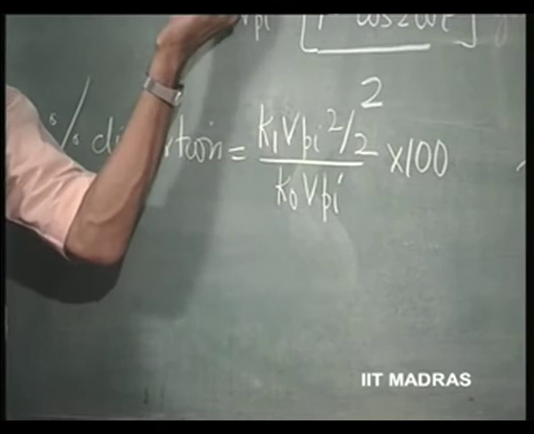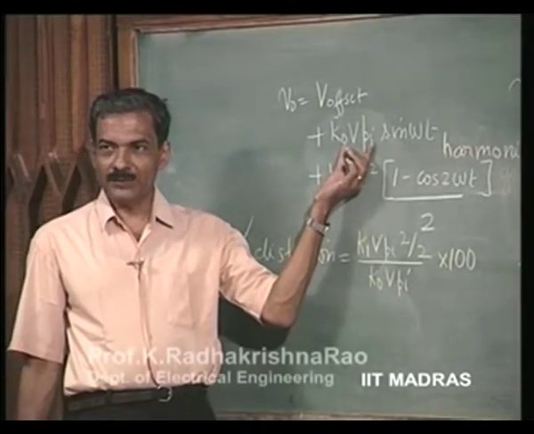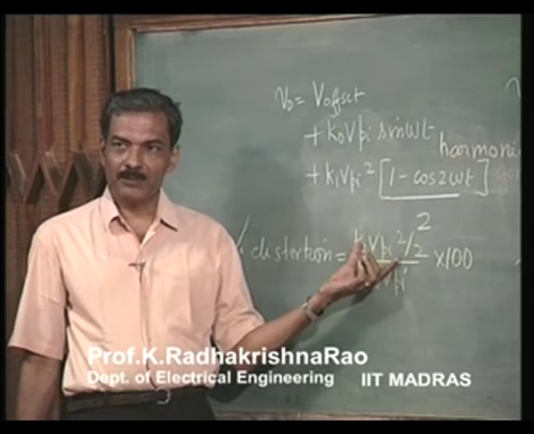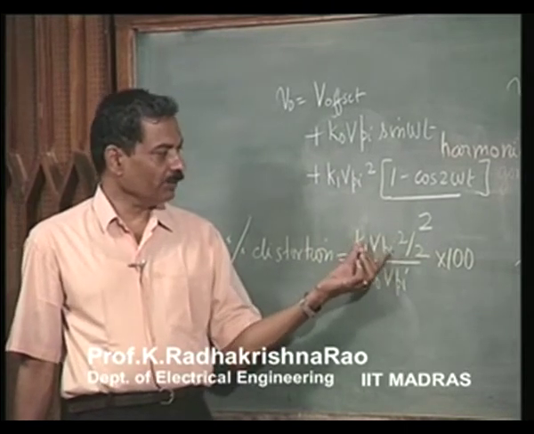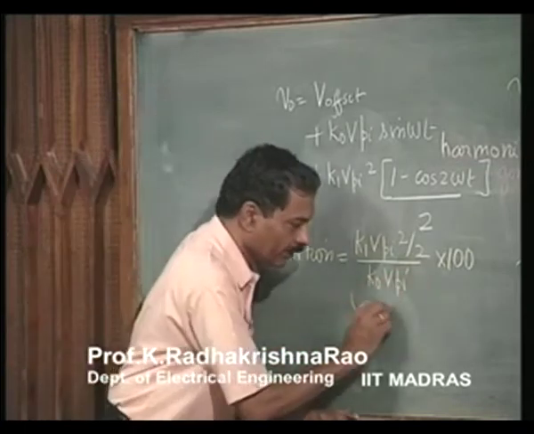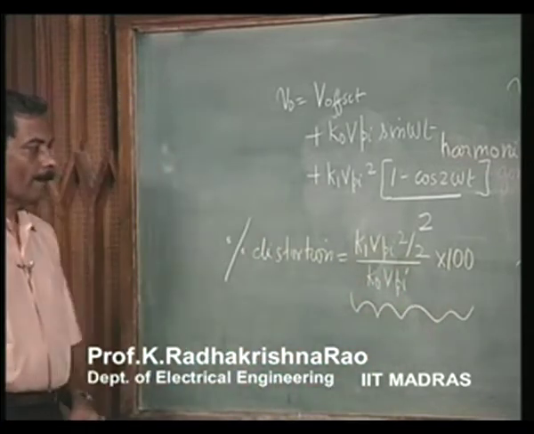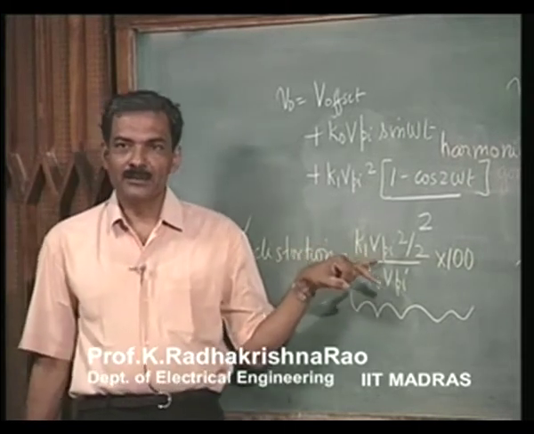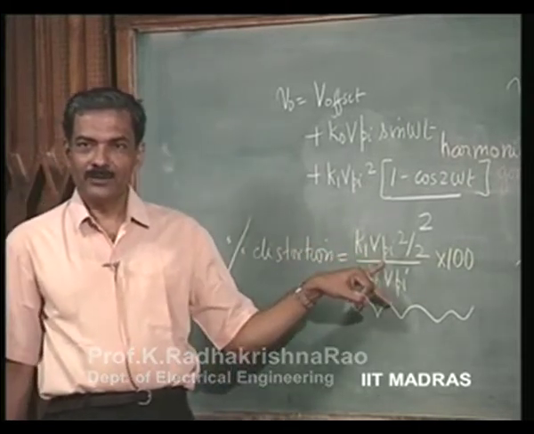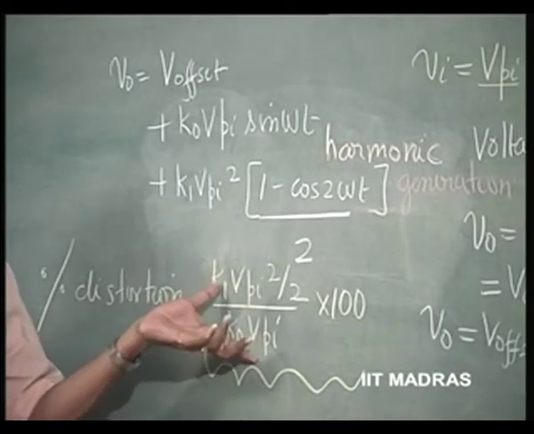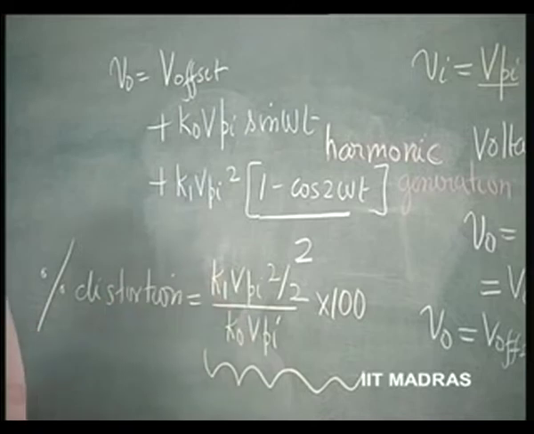K naught V p I is what we wanted, but in addition we have this distorted term appearing. So, K 1 V p I squared by 2 divided by K naught V p I. This is important: the percentage distortion itself depends upon the magnitude of voltage V p I that you are applying. That will always be the case in the magnitude distortion occurring due to nonlinearities here.